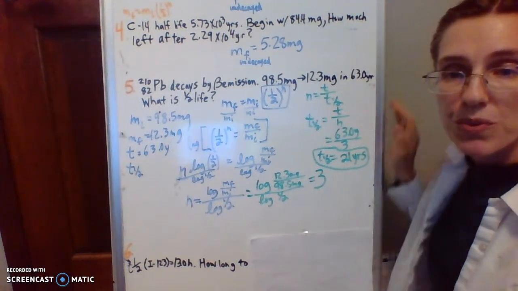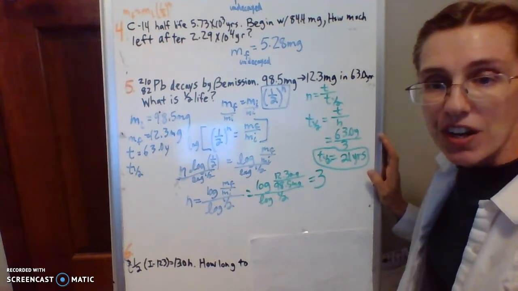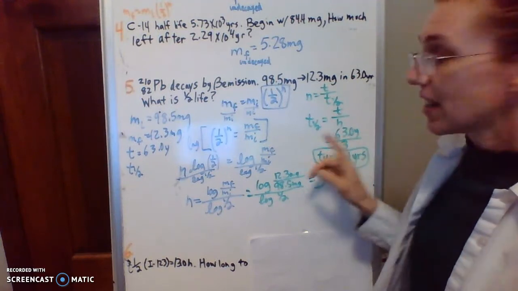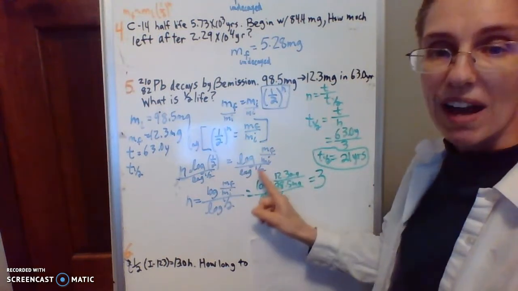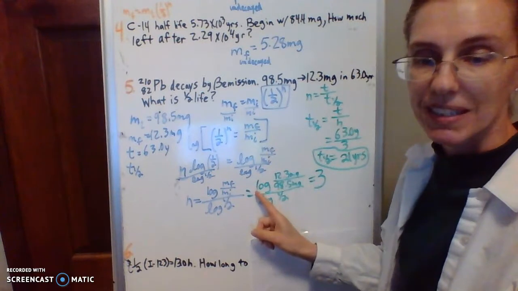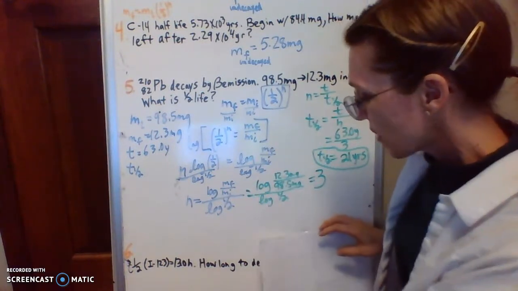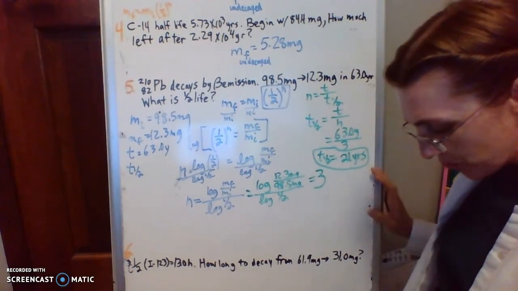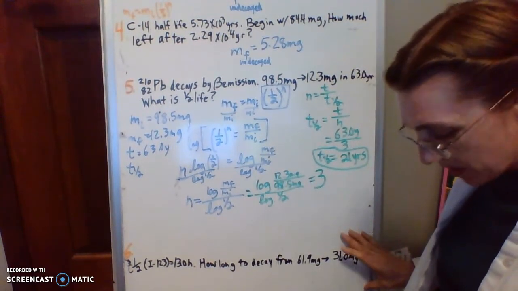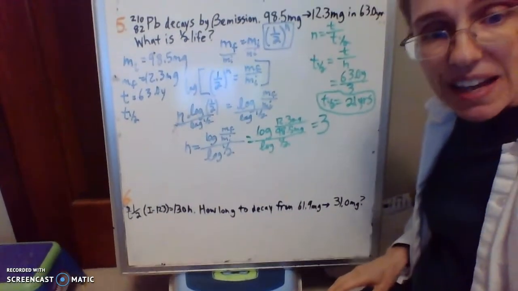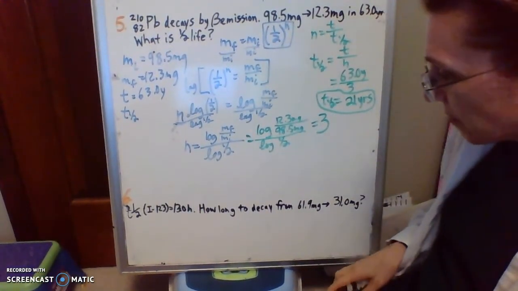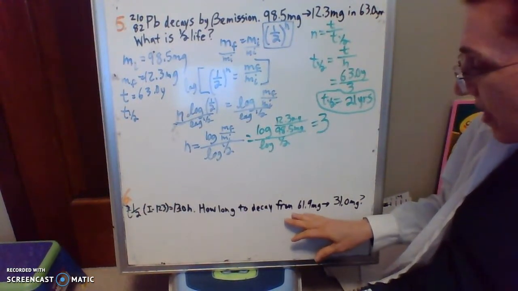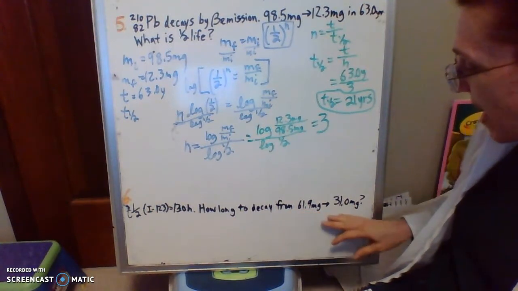Now, I wanted to go through this one in particular to make sure that you understood how to do a problem like this. You do have to know how to do the algebra part. Okay. There's another problem that you can use to make sure that you understand this really well, and that's our one down here at the bottom. And it asks for how long it takes to decay from this mass to this mass.